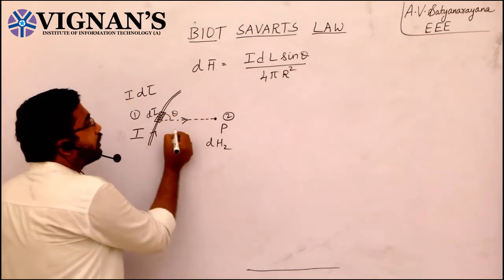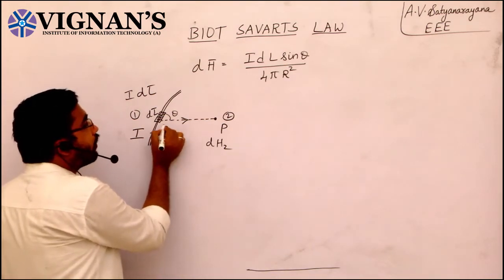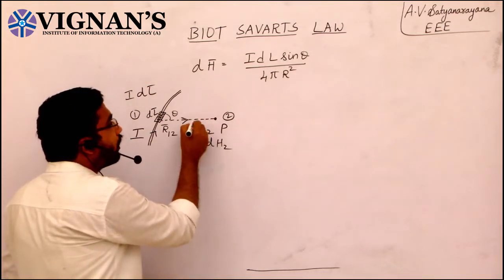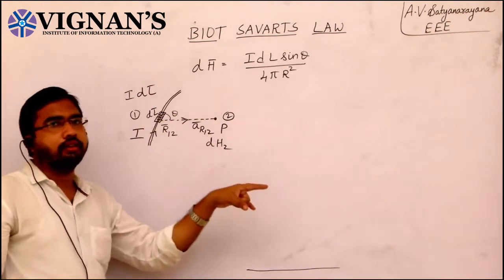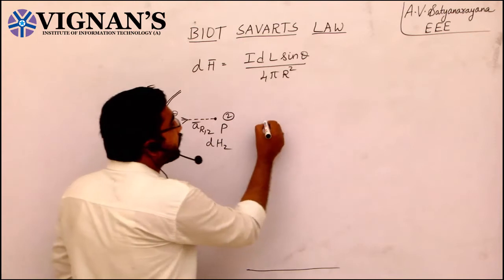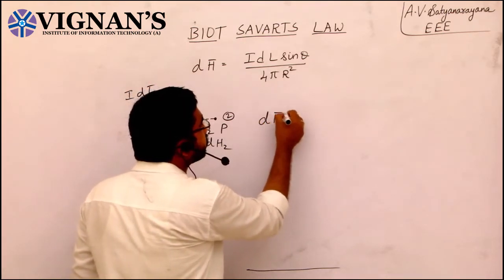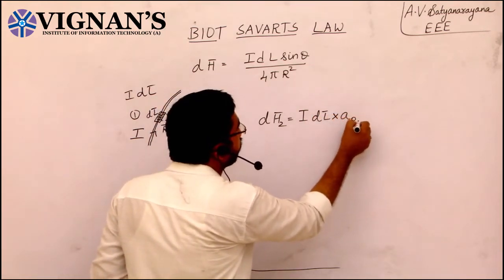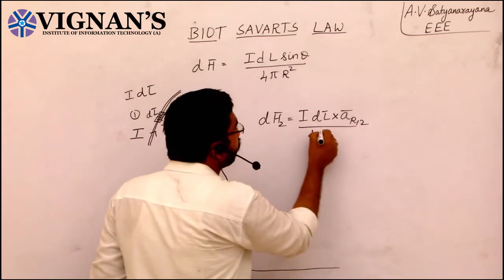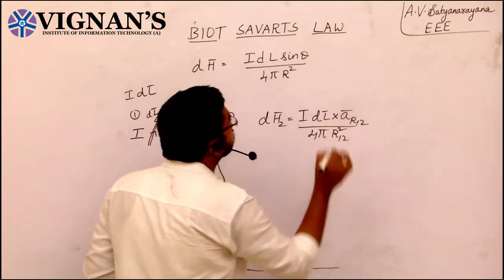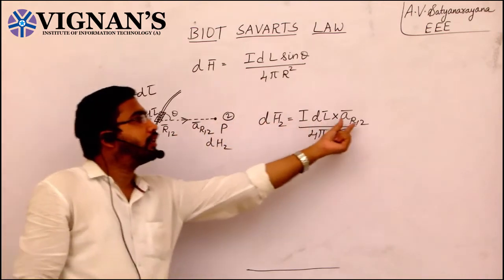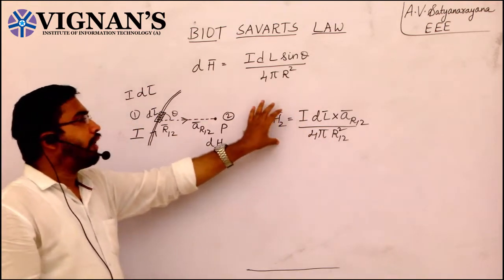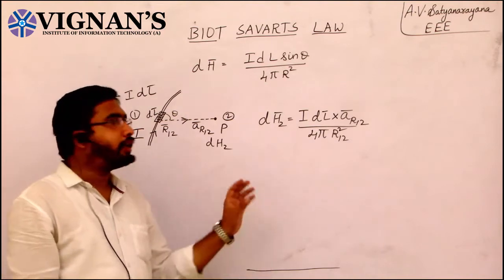The distance vector here is taken as r12 and the unit vector in this direction is AR12. Now including all these, we have already proved that this differential magnetic field intensity dH2 is equal to IDL cross AR12 divided by 4 pi R12 square. This is the unit vector and this is the magnitude of the distance R12. So this is the final expression for the vector form of the Biot-Savart's law.